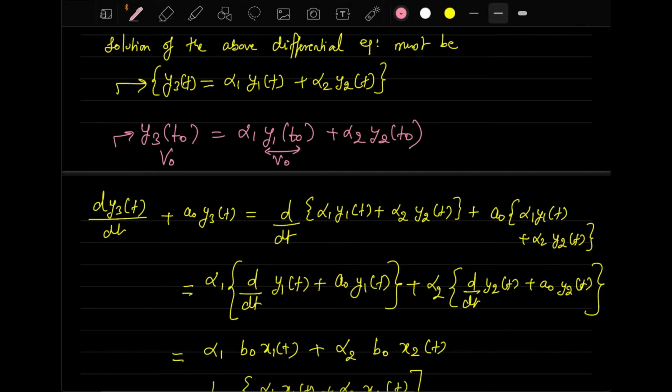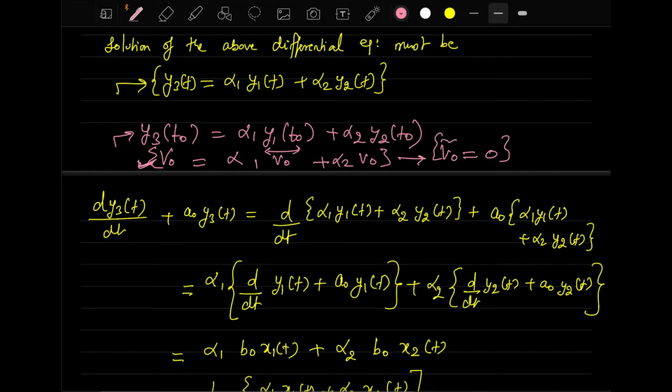So here your y1 will start with V0, and your y2 will also start with V0. The thing is, if you want to make V0 equal to alpha 1 V0 plus alpha 2 V0, so if you want to satisfy this equation, the only way you can do it is to make V0 zero. So the only way this equation is satisfied is if your voltage V0 is 0.